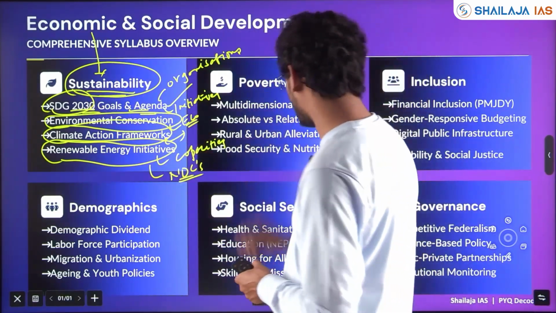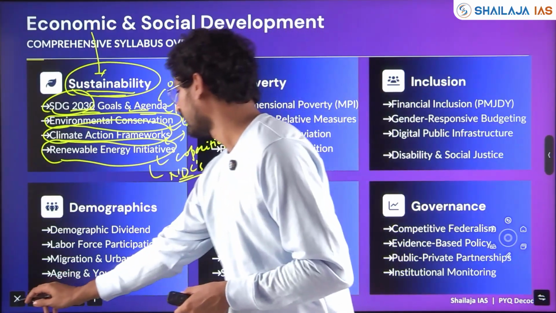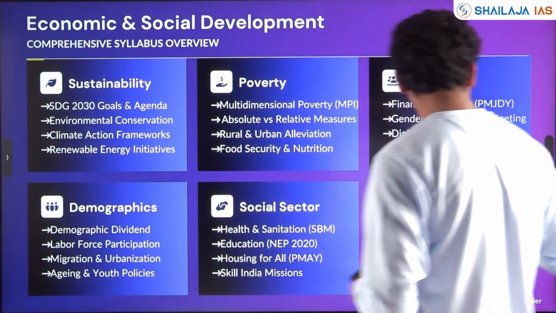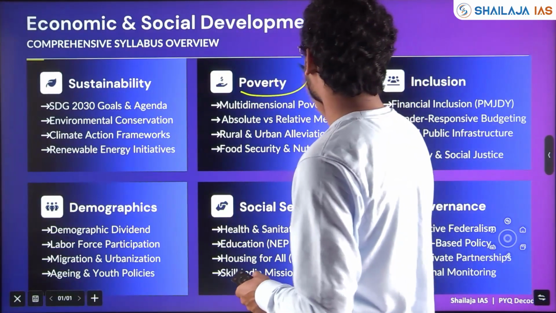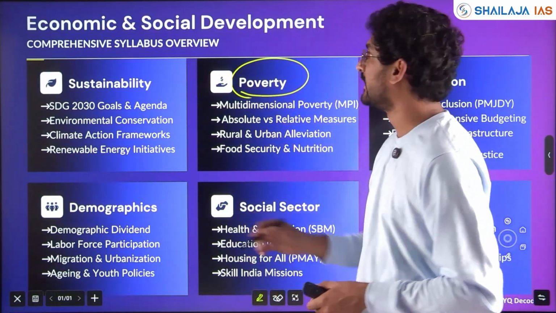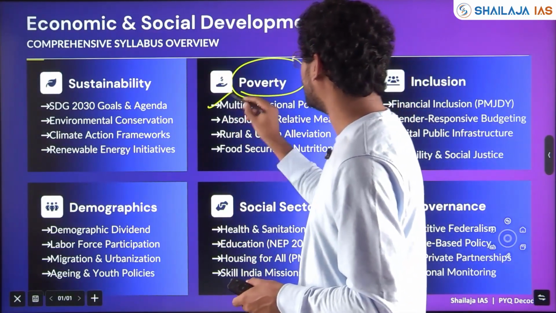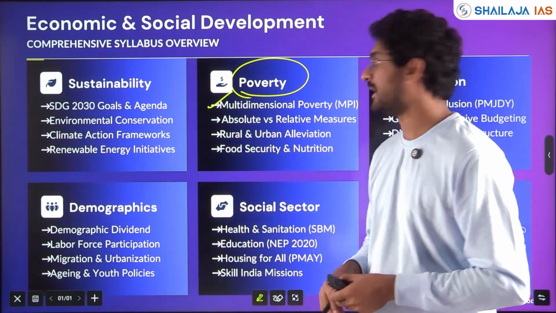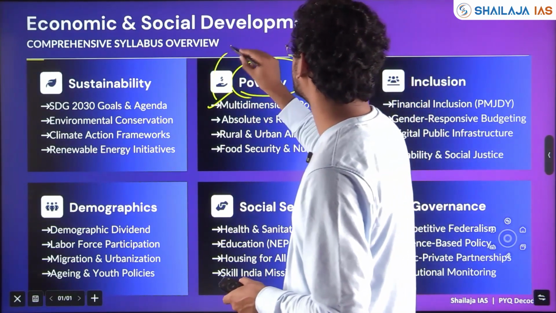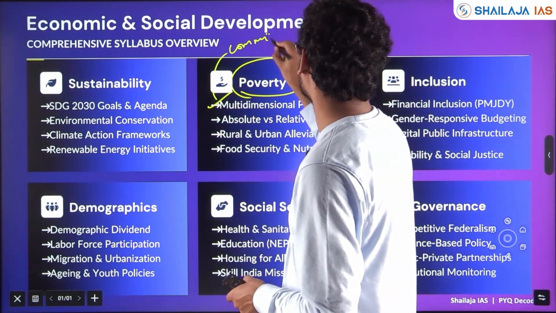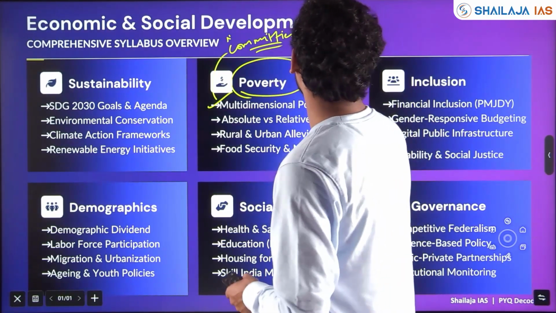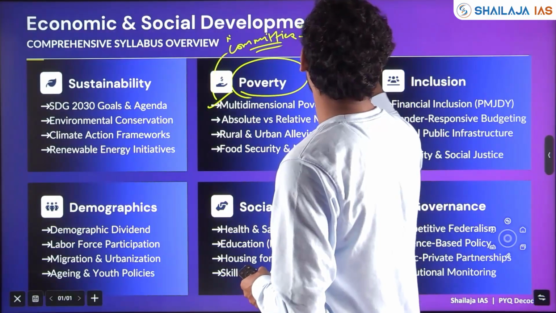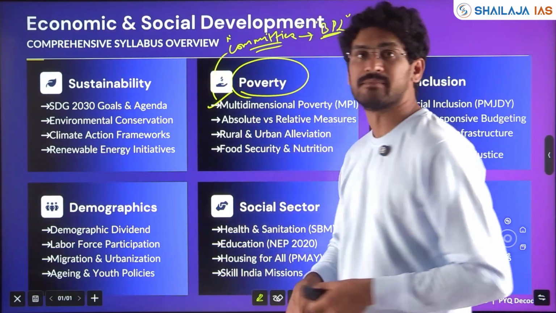Next we have poverty. The main topic about poverty is mentioned in your syllabus. MDPI, the multidimensional poverty index, all the important committees to determine BPL, below poverty line, become important.